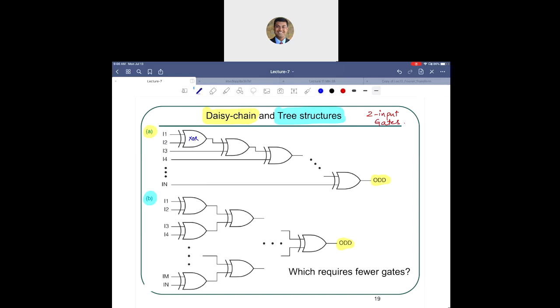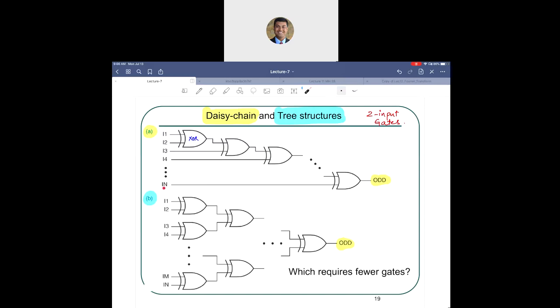All right. So you guys are all on the right track here. The daisy chain structure has a really big asymmetry in terms of time, and that asymmetry increases with the increase in the number of inputs. What that means is, suppose IN changes.